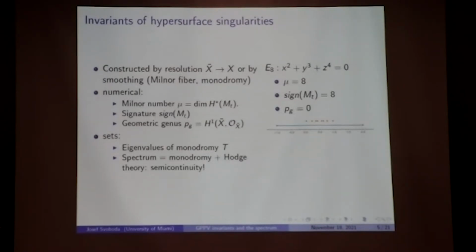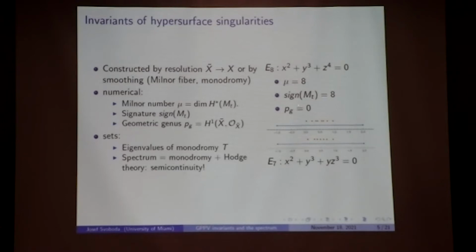So one reason why it is really great is that it satisfies very strong properties. One of them, probably the most important, is the semi-continuity property. So if you take this singularity, the polynomial, you can deform it to some other one, for example, to P7, which is given by this equation. And if you look at the spectrum now, it has 7 points because the number of elements of the spectrum is the Milnor number.